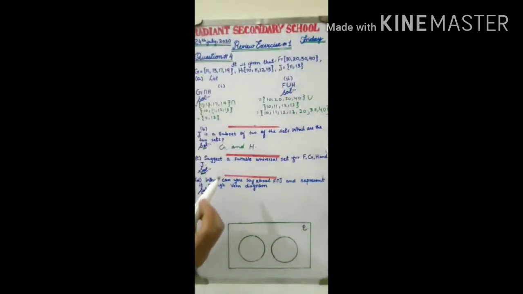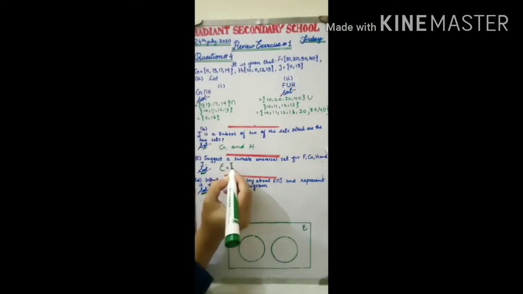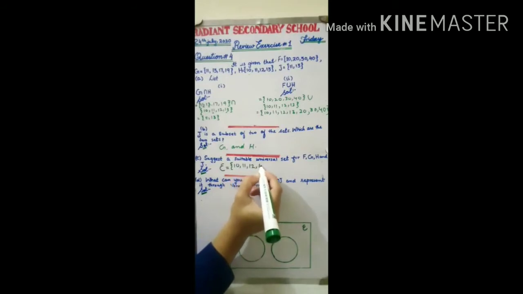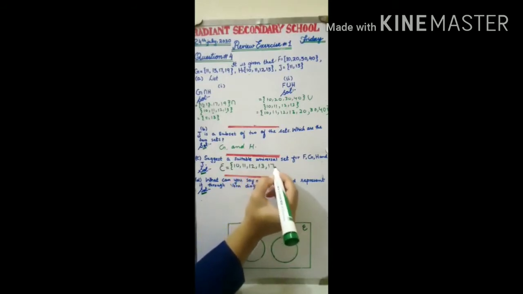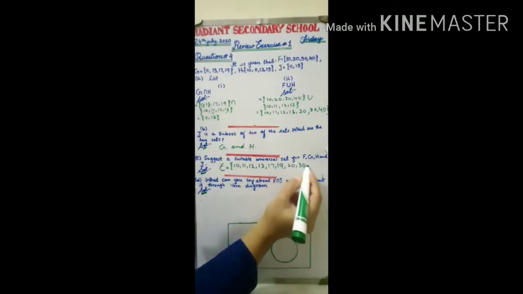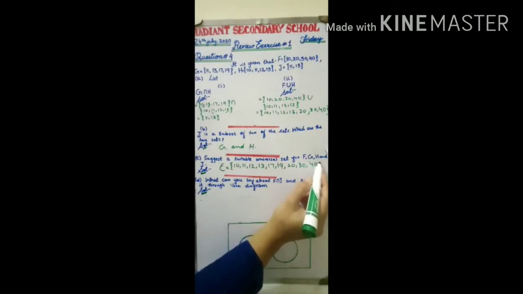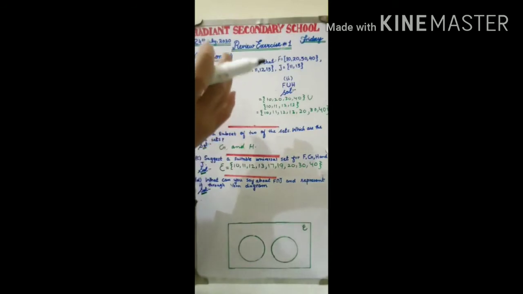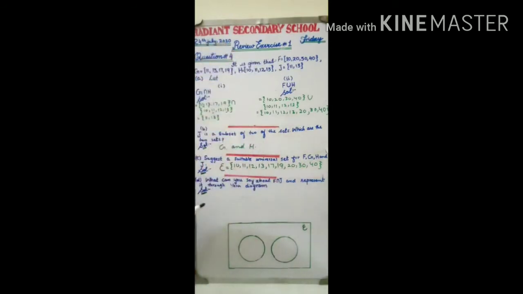For a suitable universal set, we will use capital E, and this universal set should be 10, 11, 12, 13, 17, 19, 20, 30 and 40. This is the suitable universal set for these four sets because all elements of these four sets are present in this universal set.